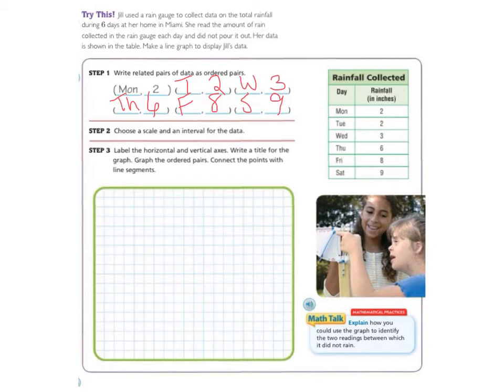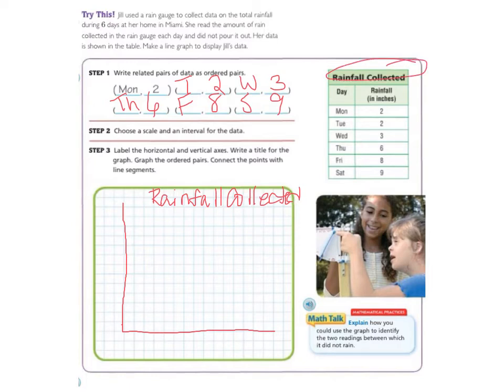So we need to draw our graph, and remember you can use a ruler. I can't, so your line should be much straighter than mine. And we need to title our graph, Rainfall Collected, and our graph title should match our table title.